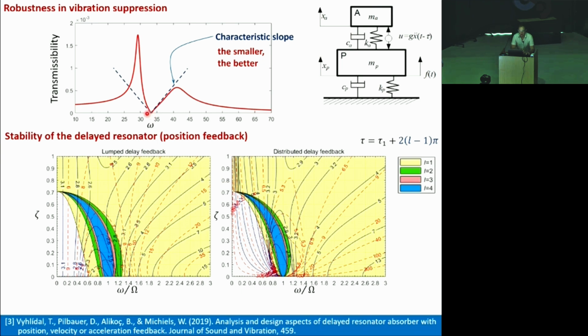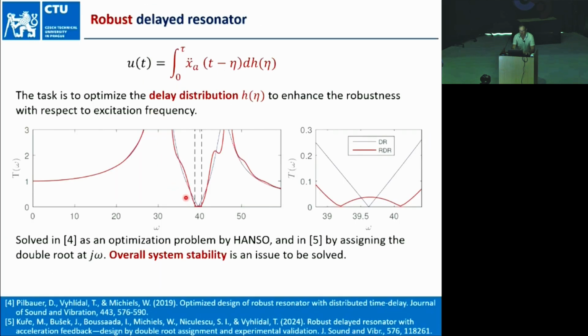And if we have some mismatch between the design and true excitation frequency, we lose quality of vibration suppression. So it would be good to have something like this, a broader band where we suppress the vibration, and to have this insensitivity.